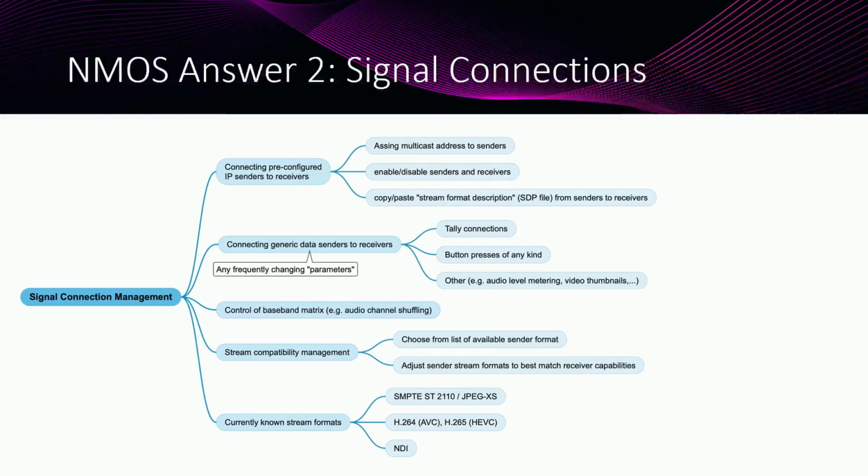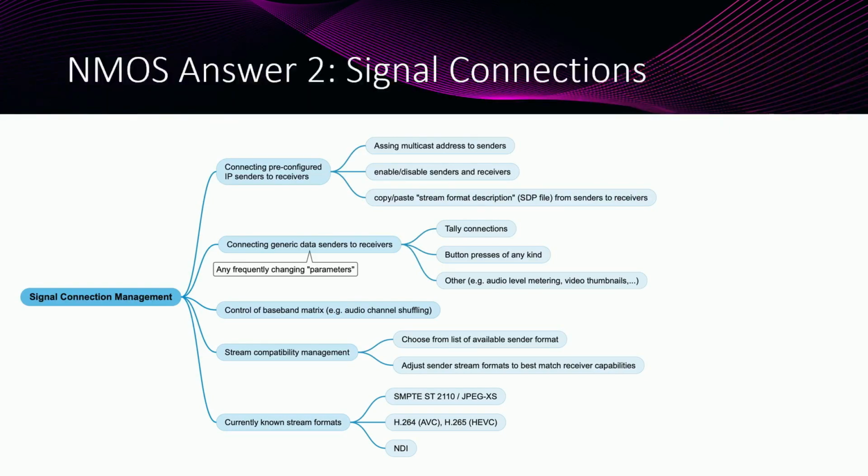Then, as I said, you can actually control the baseband matrix, something a lot of people are not aware of. You can basically set a baseband matrix and say which channels you want in your senders and receivers. Then there is something very cool, stream compatibility management. It's actually a functionality which allows you to ask a sender, what can you do? What kind of stream formats do you support?